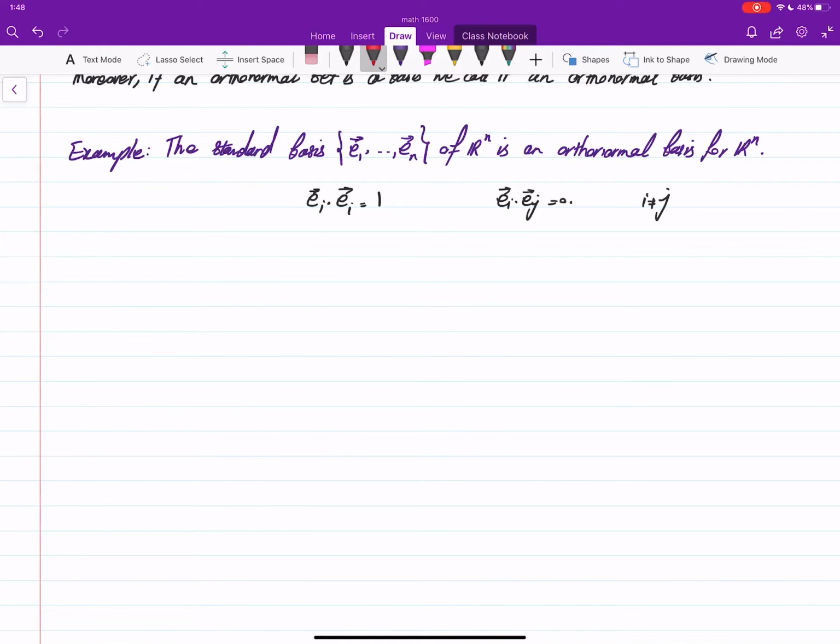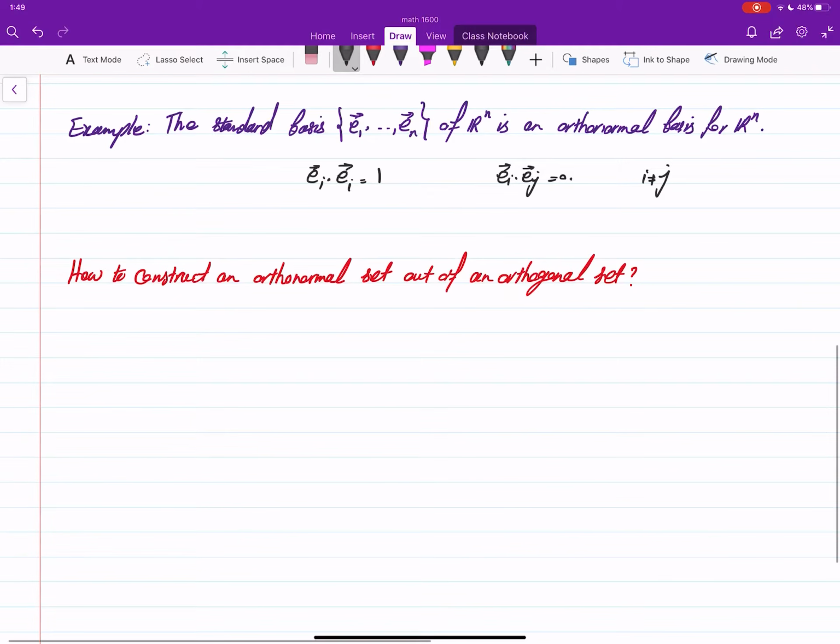So let me just write this: how to construct an orthonormal set out of an orthogonal set of vectors.